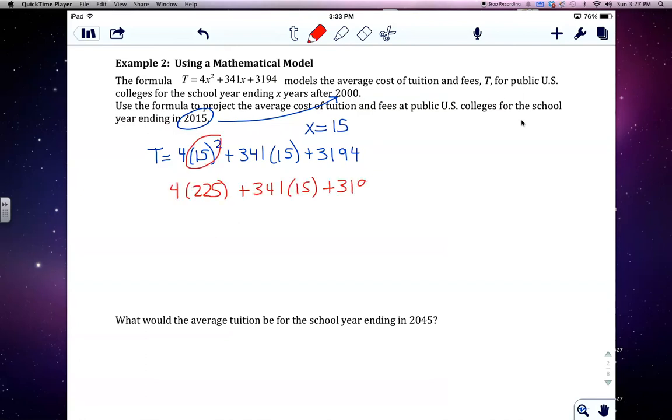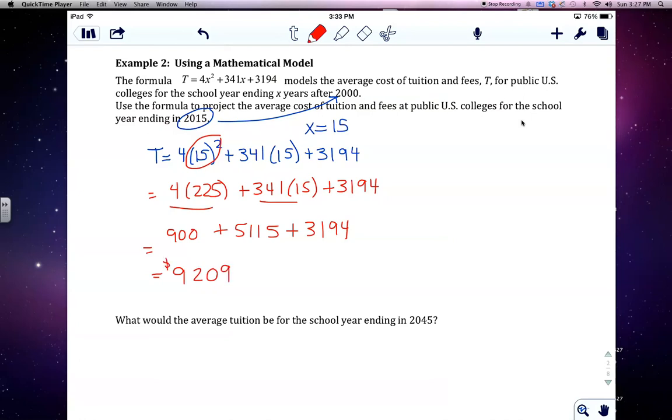I'm going to do just one operation at a time because you might make a mistake, and I hate to make them. So I have 900 plus 5,115 plus 3,194. And I get the value of $9,209.